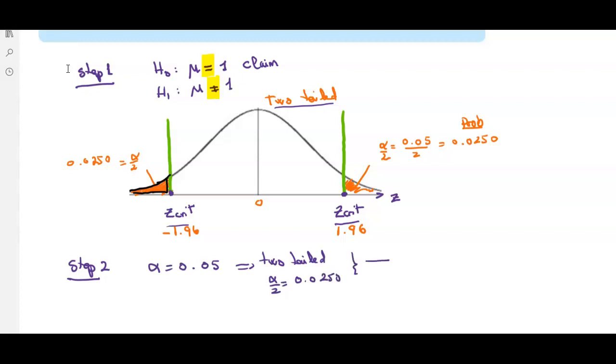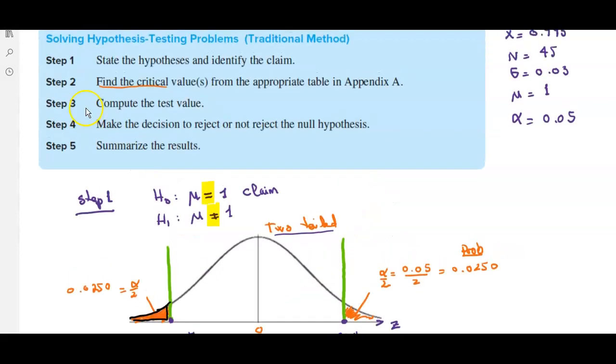We're going to use the Z table, and from the Z table we end up with Z critical equals plus or minus 1.96. Okay, so the third step, we want to calculate the test value. This is Z stat.